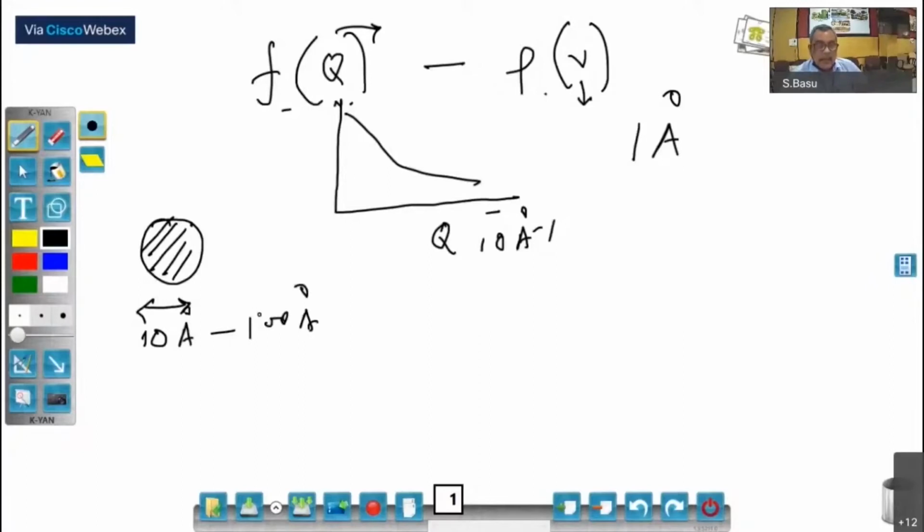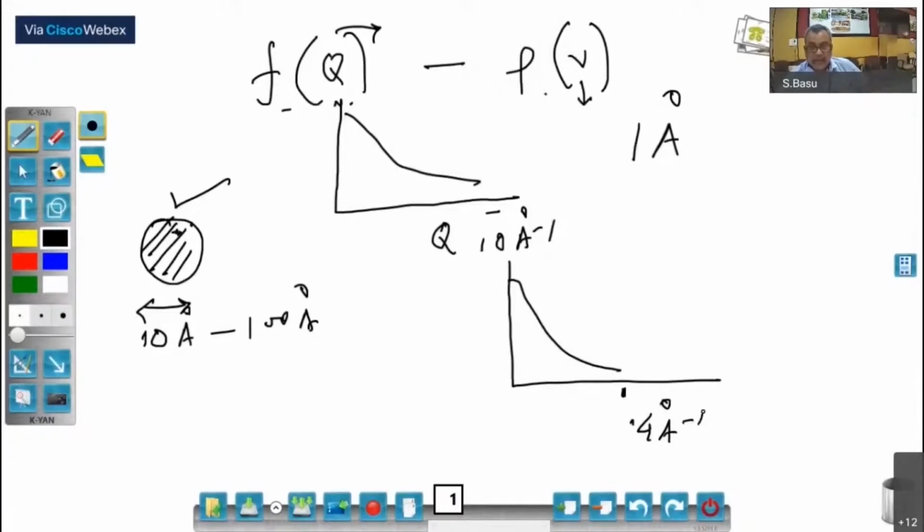So now, if I want to see the form factor corresponding to this micelle, the same experiment I need to perform at a much lower Q value. Actually, the experiment in SANS, which I showed you, they are basically trying to see this form factor and fit it to find out the size of the micelles. It is a little more detailed than that, but in principle, they're looking at a form factor.